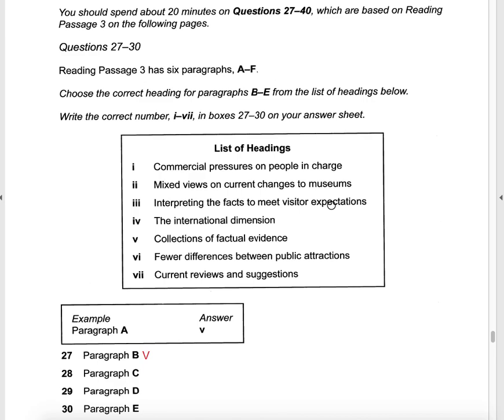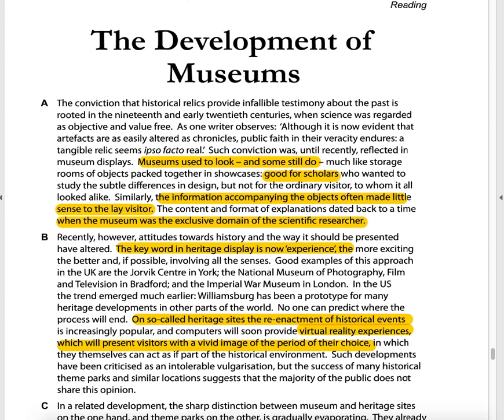Also maybe, because it says they're changing. Not that one, not view difference between no current reviews, not reviews and suggestions, no. So mixed views on current changes to museums or interpreting the facts to meet visitor expectations.